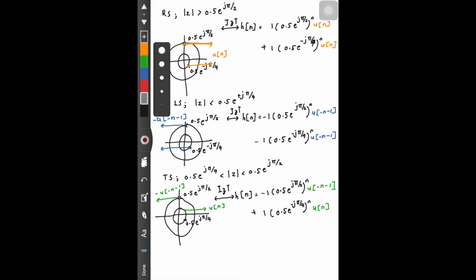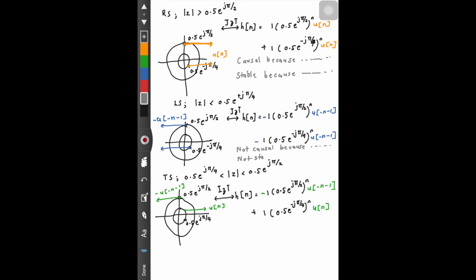Next, we have to state and reason out. For right-sided, it is causal because it is a right-sided region. Is it stable? Yes, it is stable because it includes the unit circle. For left-sided, it is not causal because it is a left-sided region.